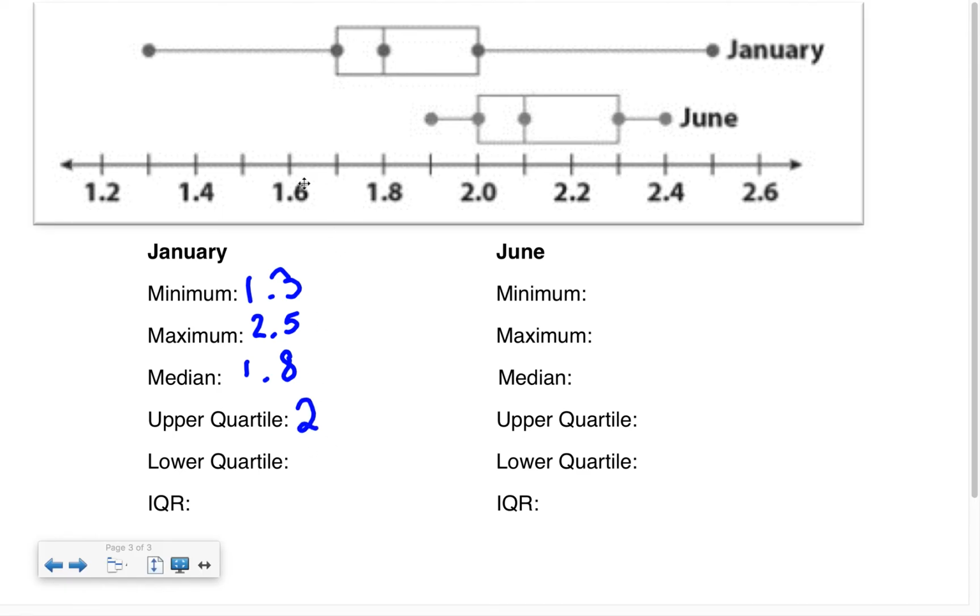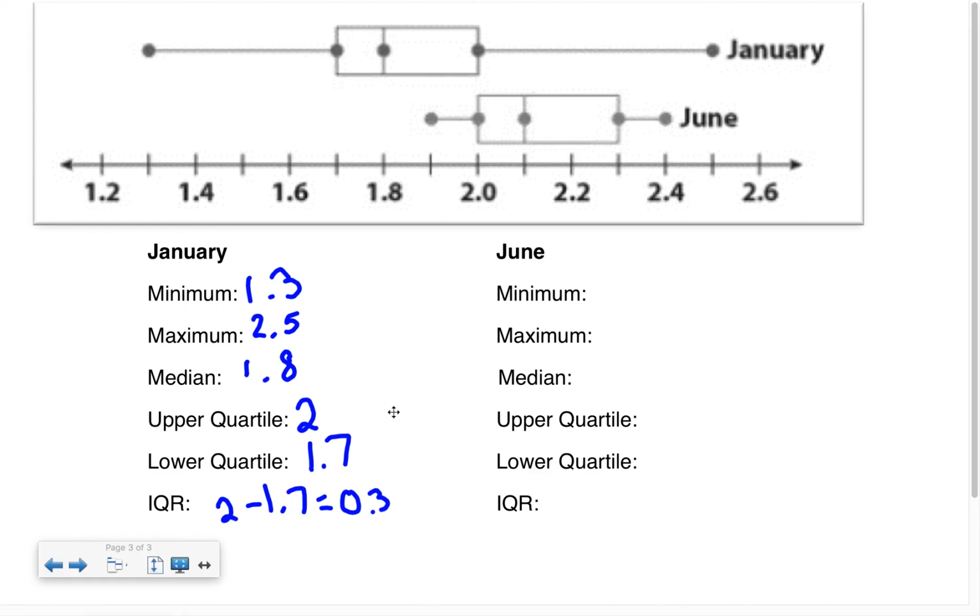The lower quartile, between 1.6 and 1.8, we look down, that's going to be 1.7. The interquartile range, which we said is represented by this box, and we also know is our upper quartile minus our lower quartile, so it's going to be 2 minus 1.7, which gives us 0.3.